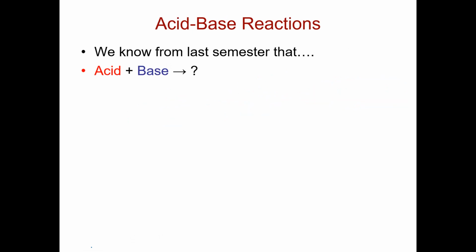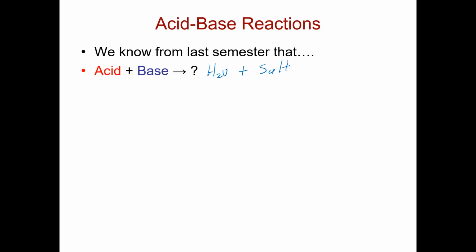So, the last thing that we need to talk about in this chapter is acid-base reactions. So we talked about back in the first semester of this course that if you react an acid and a base, you get water and a salt. What we didn't talk about is if you react an acid and a base that are different strengths.